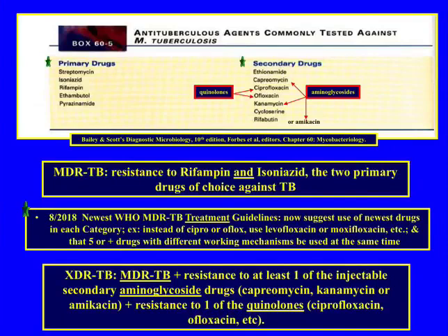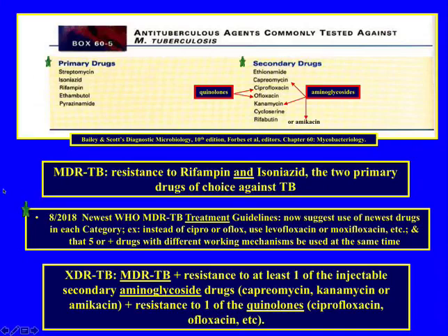Now, let's define MDR TB and then XDR TB using the traditional definition, and then throw in some of the August 2018 WHO recommendations for modern MDR TB treatment.